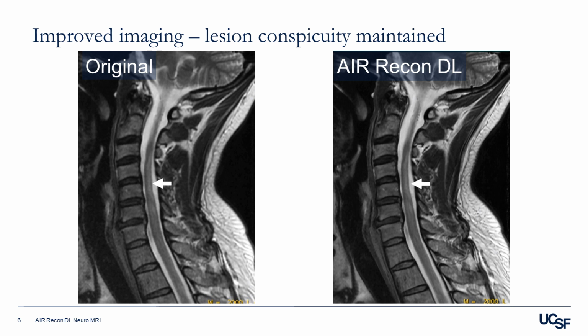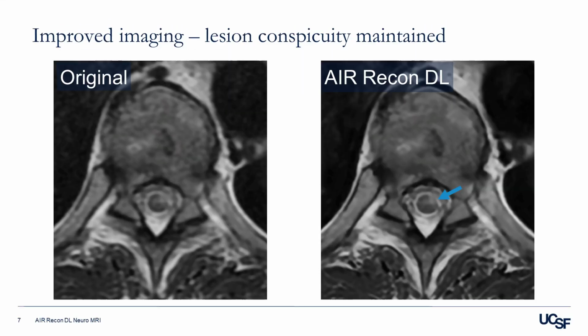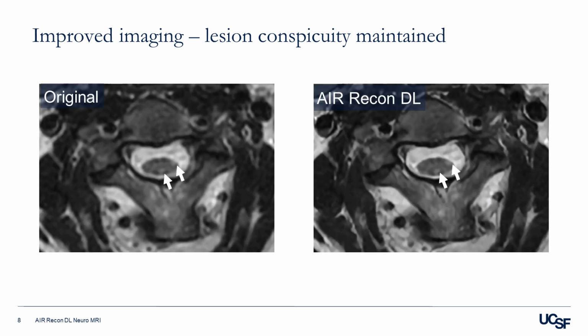Here are two examples, both original unenhanced image and then the enhanced AIR Recon DL image in this patient with a longitudinal cord signal abnormality. Here are some axial images where you see that the lesion itself is still visible.